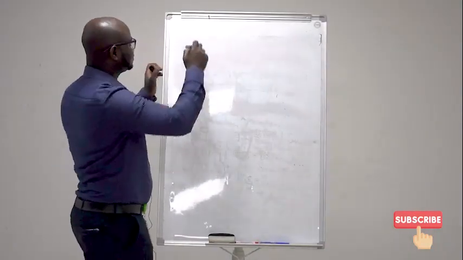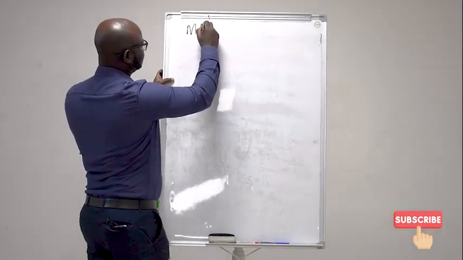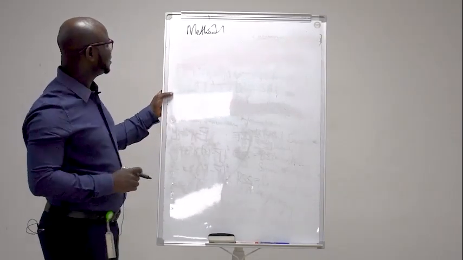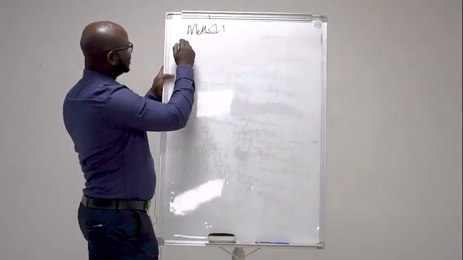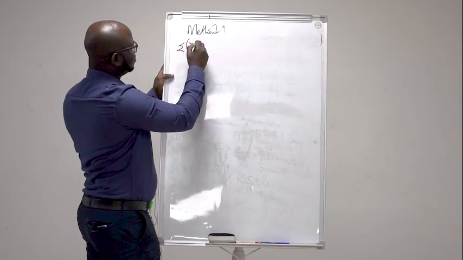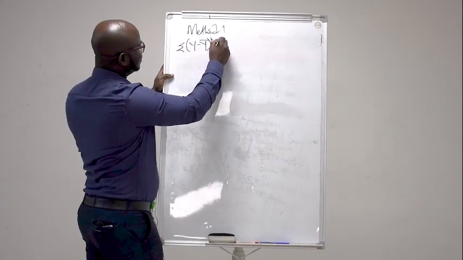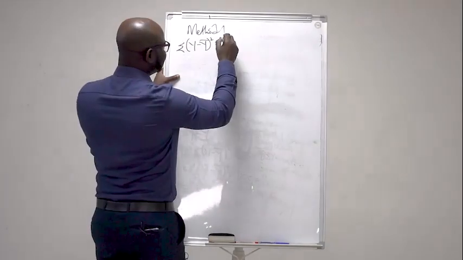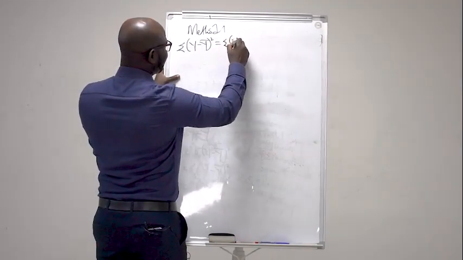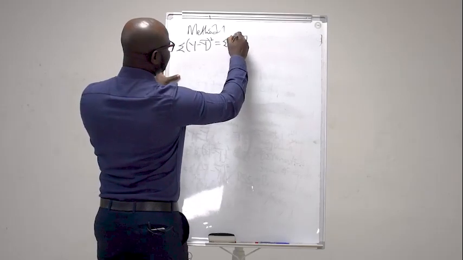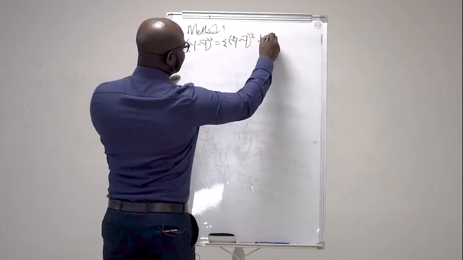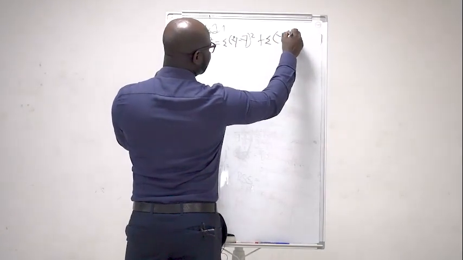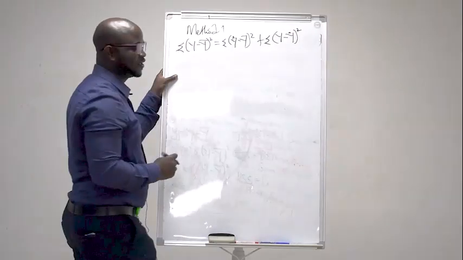Now, method 1. To derive the R square using this method, we say that the summation of Y minus Y bar squared, the total, will be equal to the estimated summation of Y cap minus Y bar squared plus the residual, Y minus Y cap squared, right?